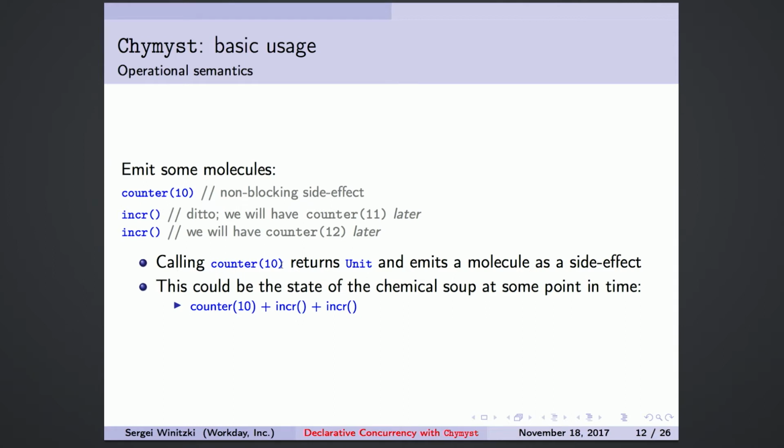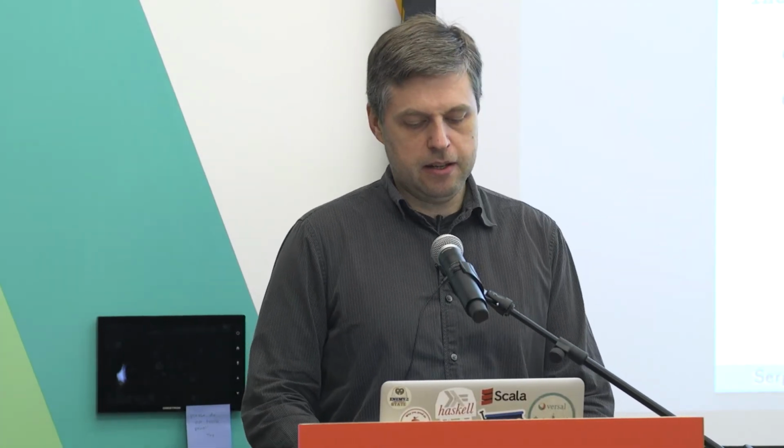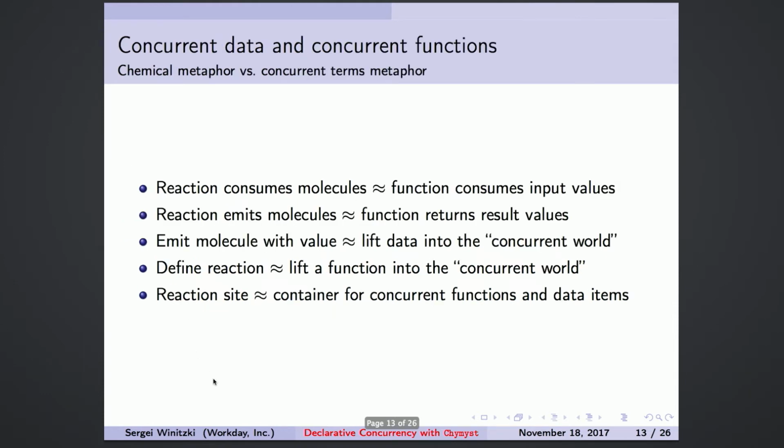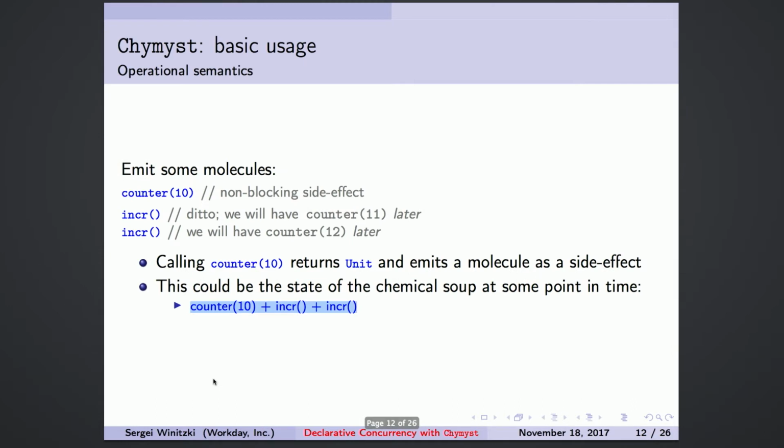So the counter call will return unit. It will emit the molecule. It will return right away. There won't be any wait. So this is all automatically concurrent and automatically non-blocking. So after you do this, initially the soup will have this state of having 3 molecules in it, and then it will run.